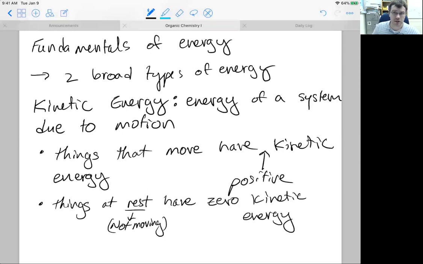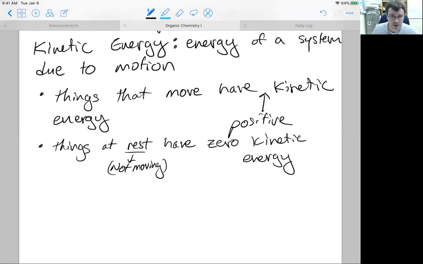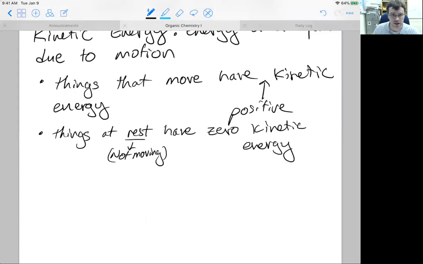It actually is really hard for something to have absolutely zero kinetic energy, but just as we're understanding what kinetic energy is, it's nice to define the zero point. So we have the zero point, we have the positive, and for our class, we're not going to worry about negative kinetic energy.